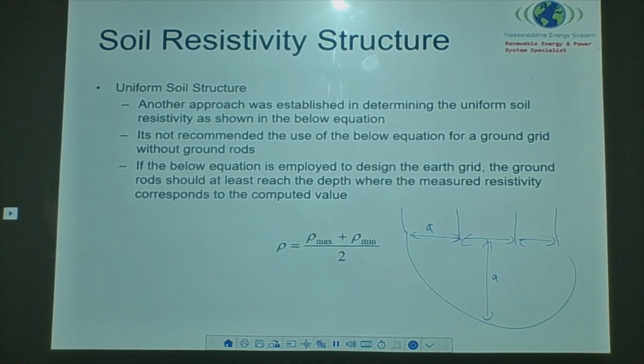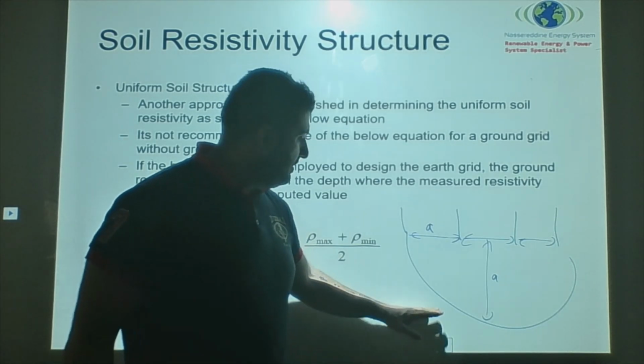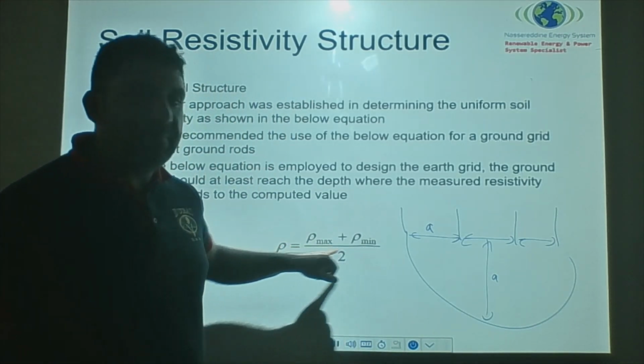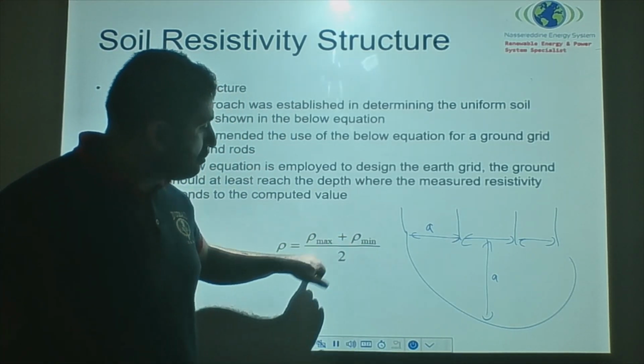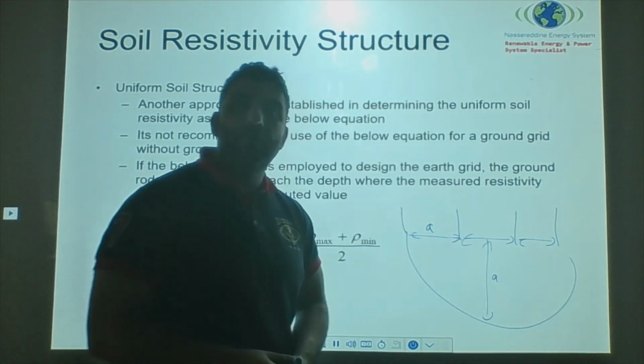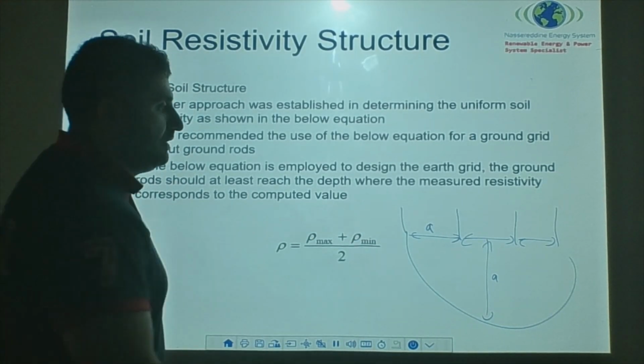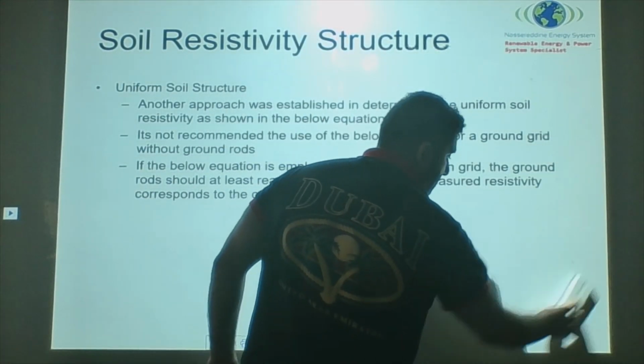So you should make sure that you have a deep electrode to reach at least where the maximum and minimum are. You chose these two elements, so you should know roughly at what depth these two are measured. And you should make sure that you have an electrode that goes down to this layer of soil.